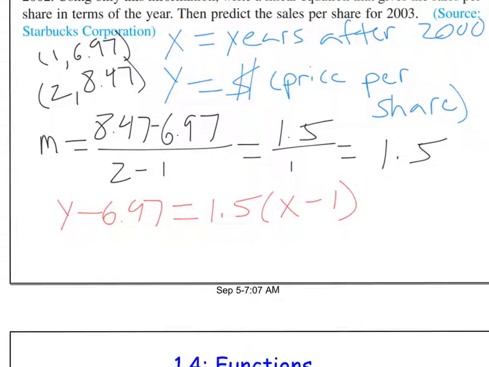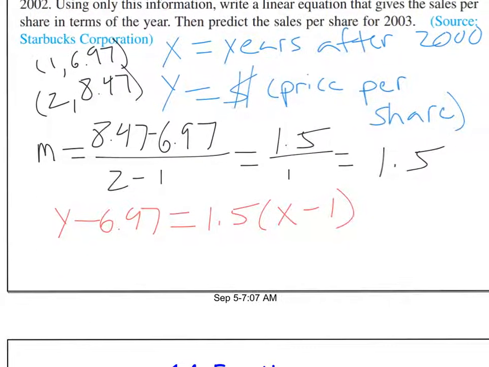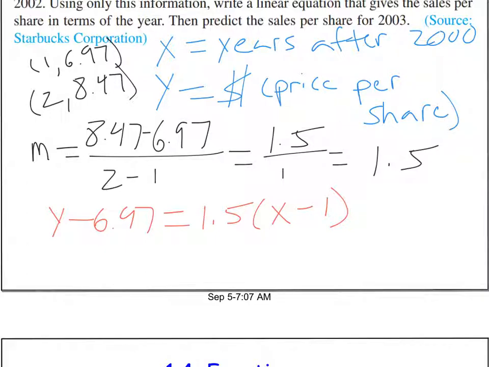It's starting to look like that problem that we did a couple of slides ago. Because at this point, all I really need to do is get things rearranged, so I get to slope-intercept form. The 1.5 needs to be distributed, and that'll look like that.